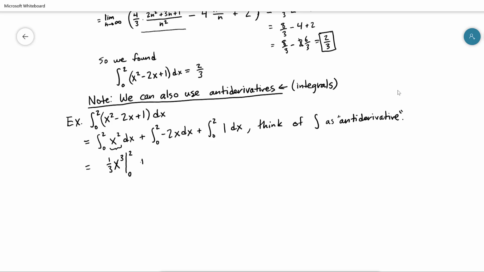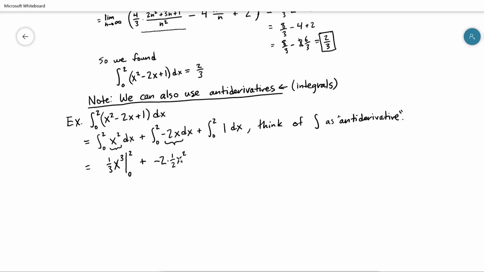The next one I need to add: I want to figure out the antiderivative of this piece. Forget about the negative 2, it's just sitting out in front. What is the antiderivative of just the x? I know it'll be x squared, but when I take the derivative of x squared, I will get 2x, not x, and I don't want that 2x, so I'll put a 1/2 to make up for it.